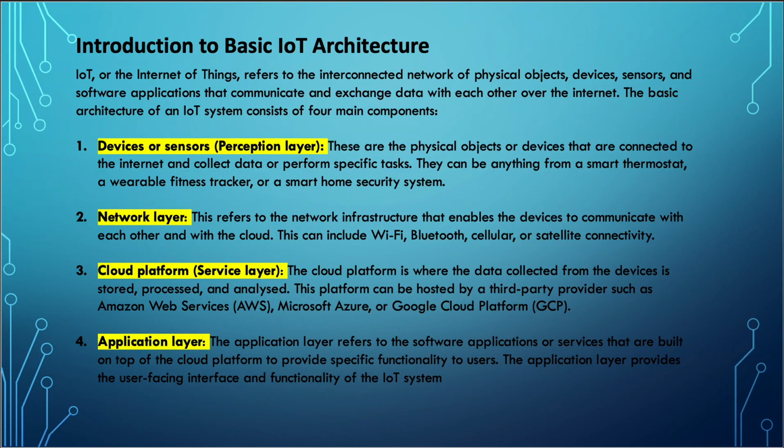Then we came into discussing the architecture when building an IoT system, and the architecture mainly consists of 4 layers. A total IoT system contains 4 layers. First one is the perception layer, or devices and sensors.